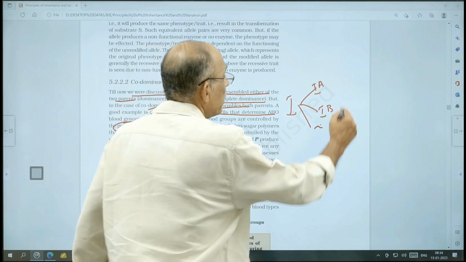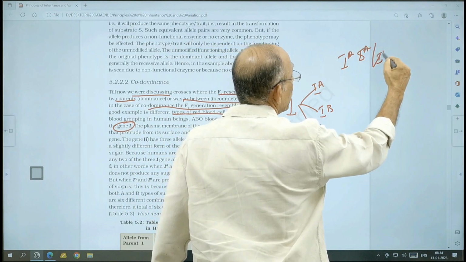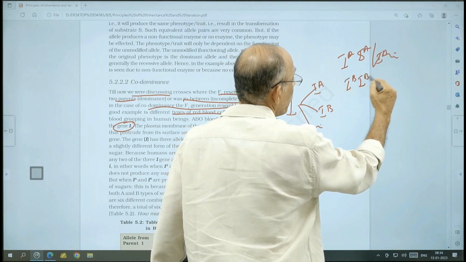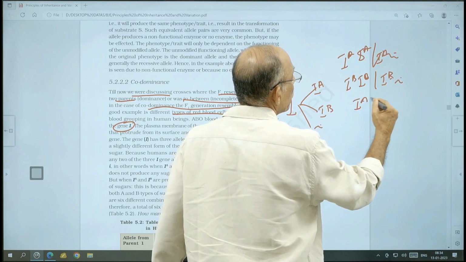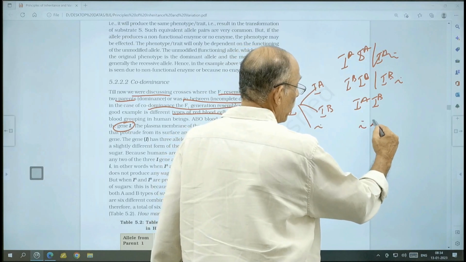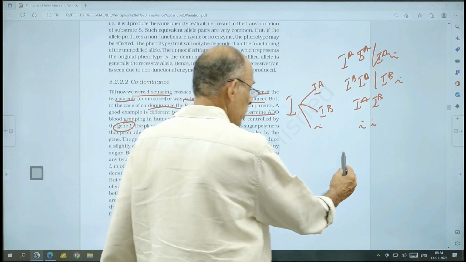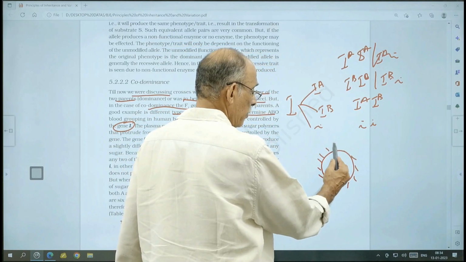And in these different blood groups, A group can be homozygous A, or it can be heterozygous A. B group can be homozygous B, or heterozygous B. And there is another group, when both A and B combine, there is AB group, and small i, small i. Now, these different blood groups are due to the presence of different sugars found on the RBC membrane.